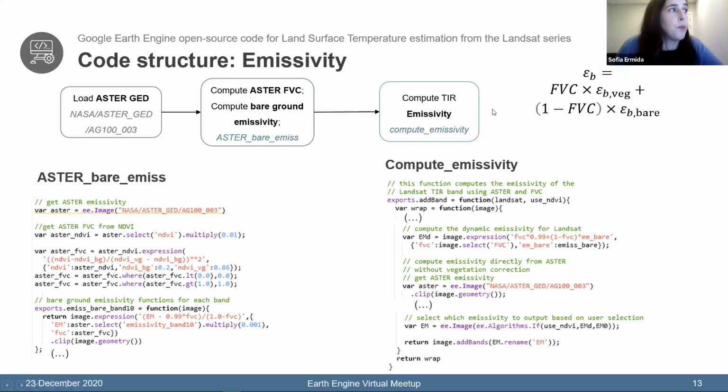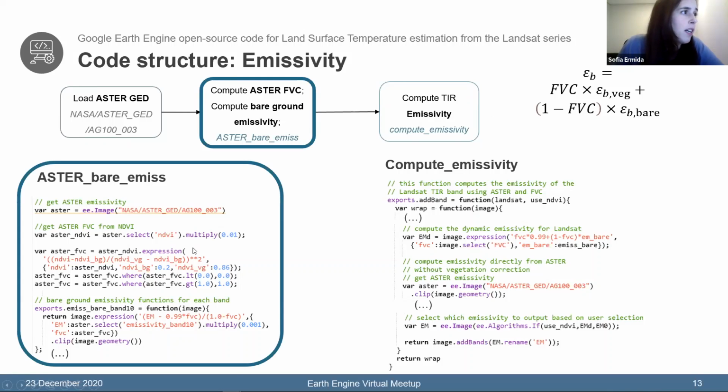And to do that, we simply invert this equation. So we have the emissivity estimate. We can compute the fraction of vegetation from the ASTER NDVI that is provided, and taking a value of vegetated emissivity of 0.99, we invert and can get the bare ground emissivity.